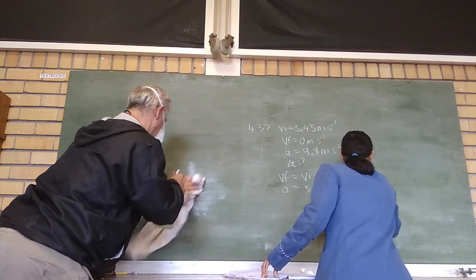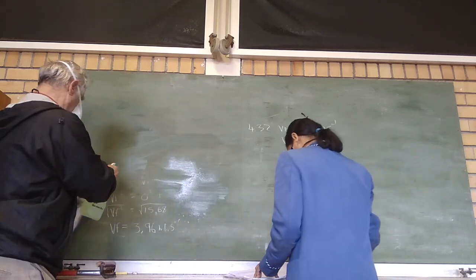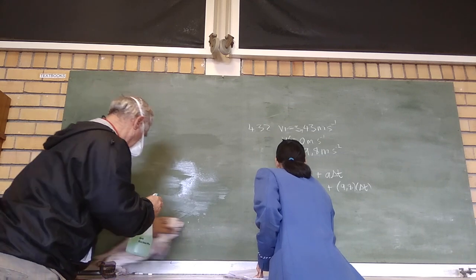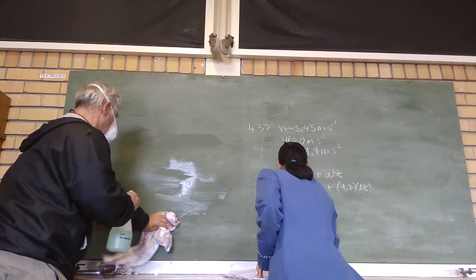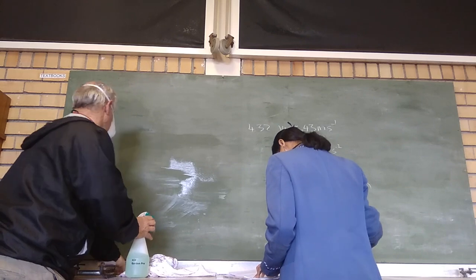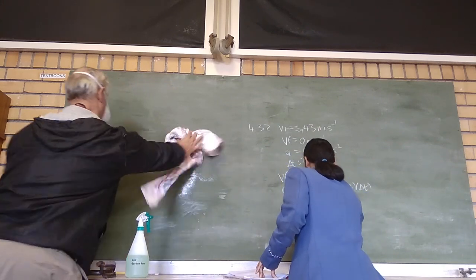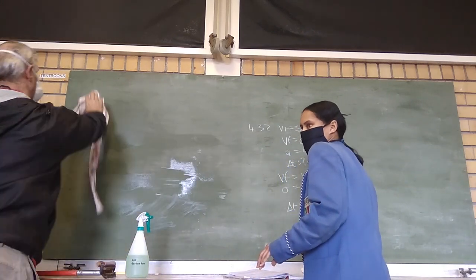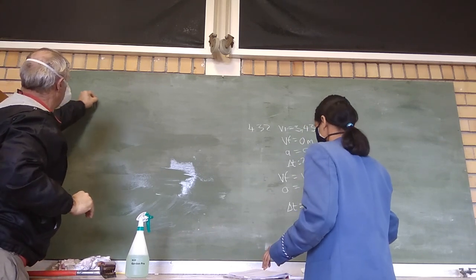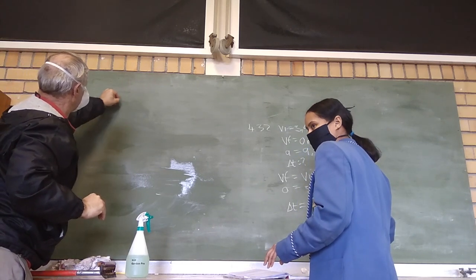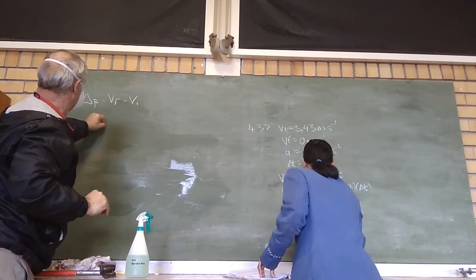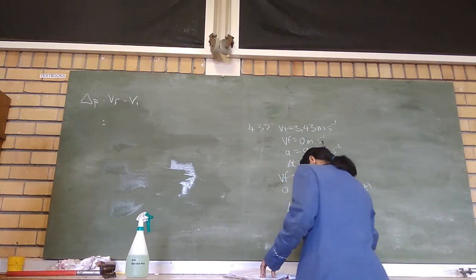Okay, so now I'm going to say delta P equals mV final minus mV initial.